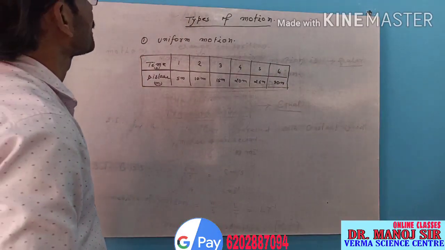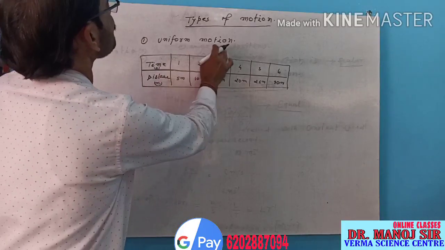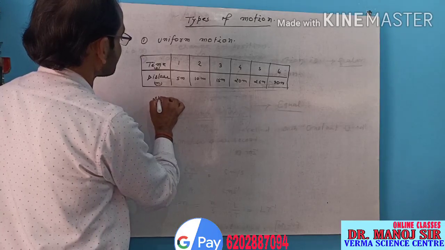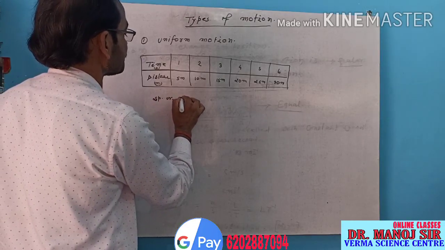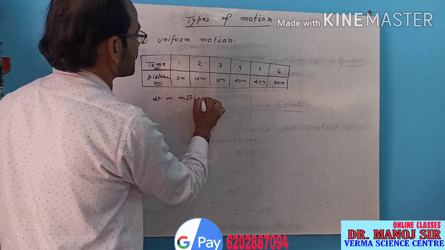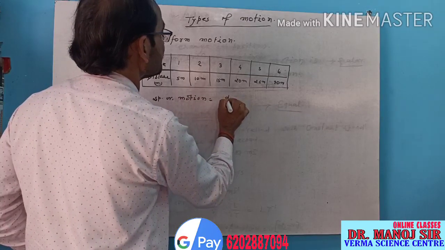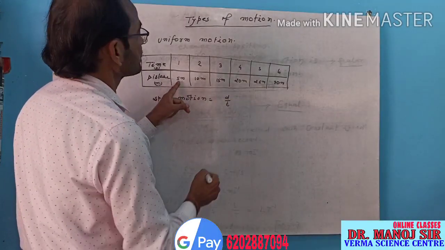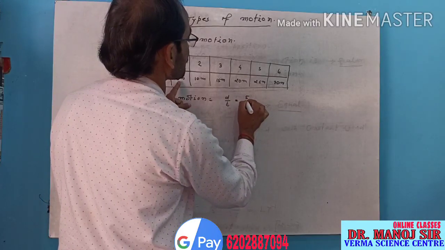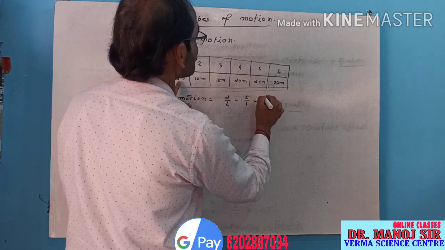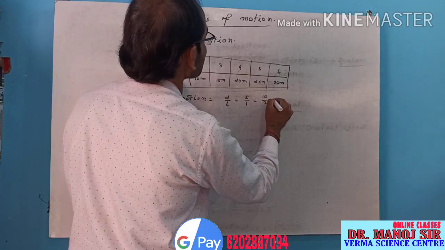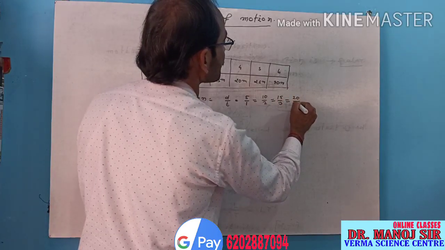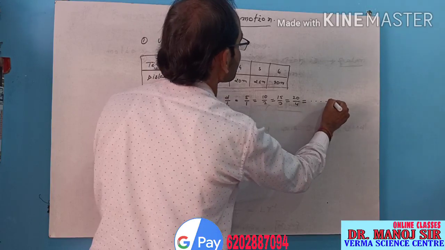This is said to be uniform, that is, a speed or motion equal to d by t, travel distance upon time. Travel distance here is 5 by 1, 10 by 2, 15 by 3, 20 by 4, and so on.